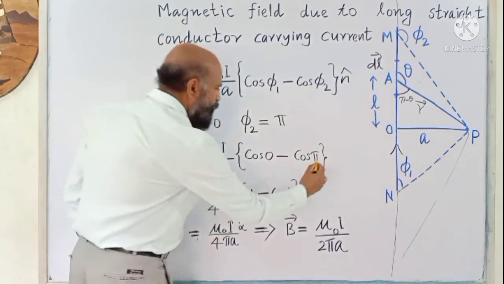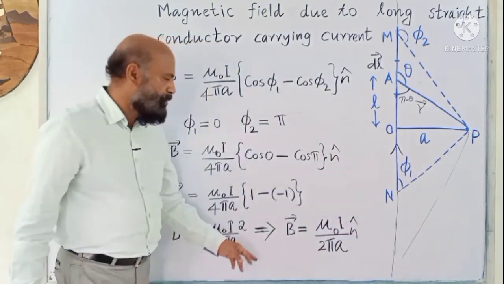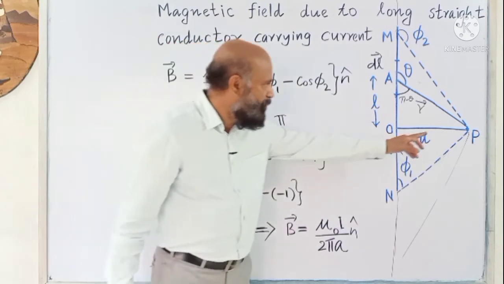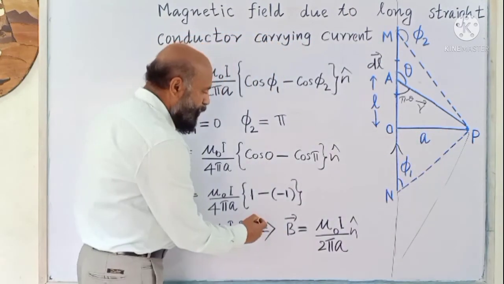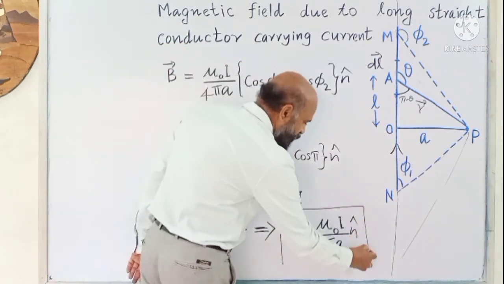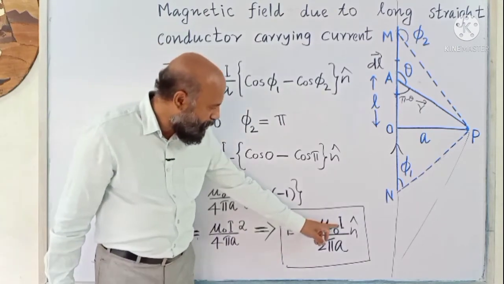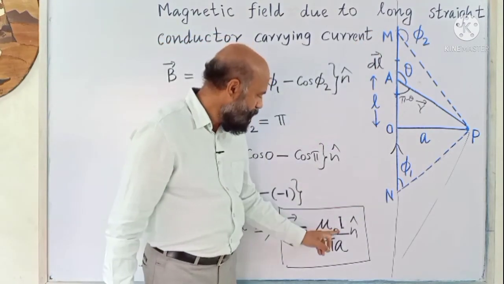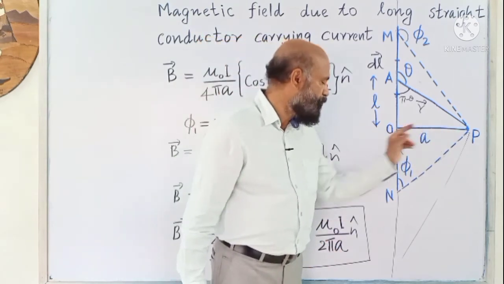So this is the magnetic induction here because of an infinitely long straight conductor carrying current. The magnetic field depends on the current and the distance.